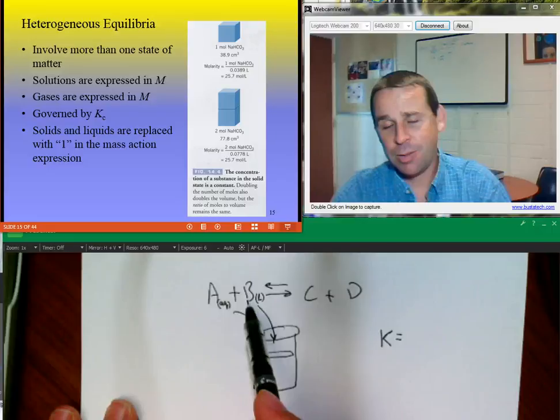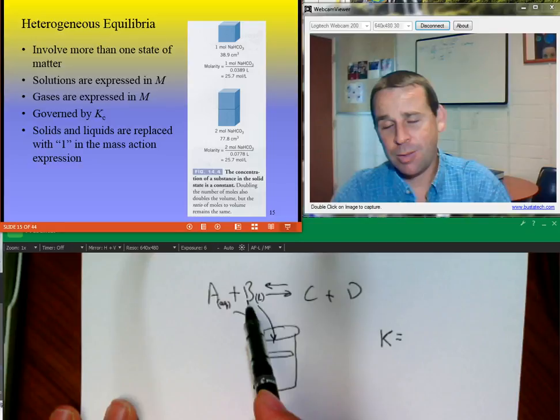So here's another scenario, where I have some D combining with E to form F and G. If E here is a solid and D is maybe gaseous, in this container I have some D floating around gaseous-like, and then I have a pile of solid E. If I put more solid in here, I would think, oh, I put more in so the reaction can happen faster.